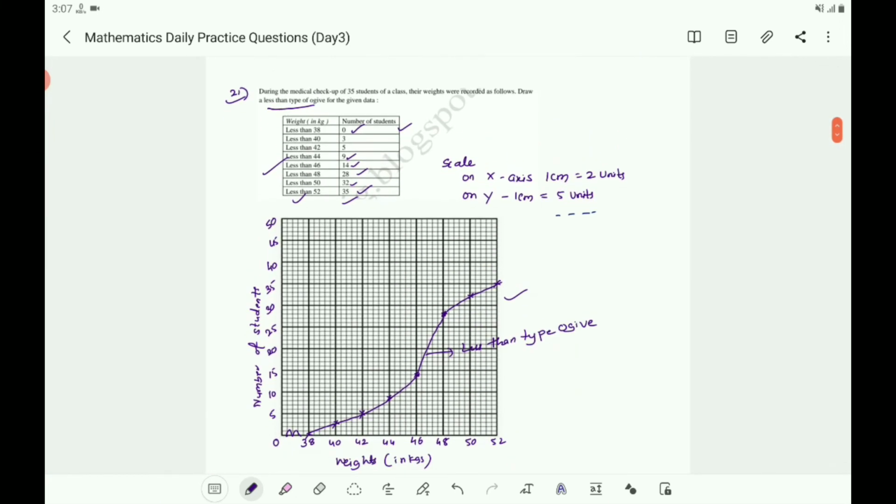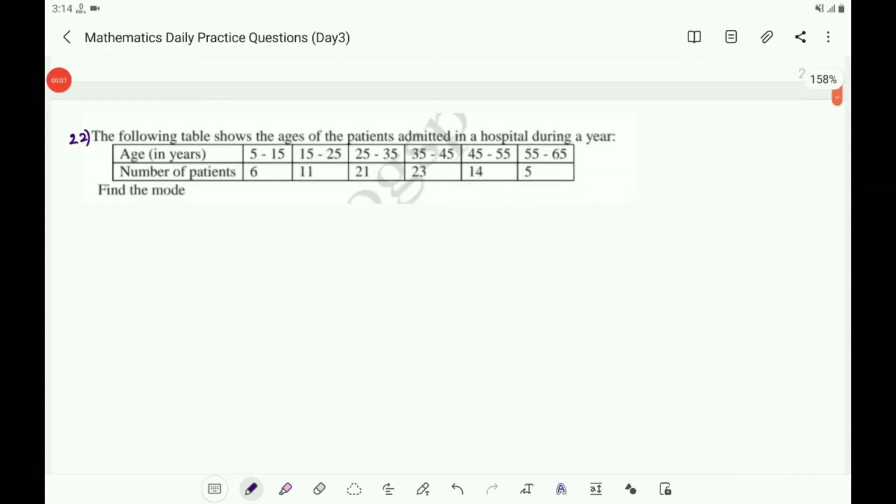Children, learn this. It is very important from the examination point of view. Now question number 22. The following table shows the ages of the patients admitted in a hospital during a year.